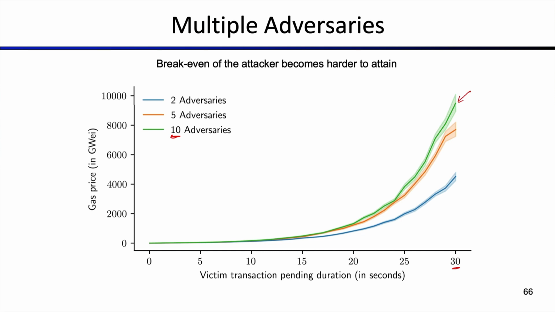And how hard the break even becomes. We can really see here that the gas price becomes incredibly high in terms of gwei. This is counter-reactive bidding. It means basically I see a victim, then I perform a sandwich attack, then another adversary sees my sandwich attack and performs a sandwich attack by bidding higher prices. So it gets very competitive very quickly.